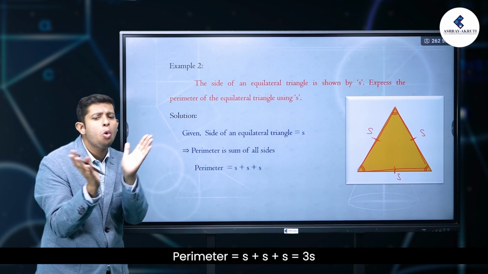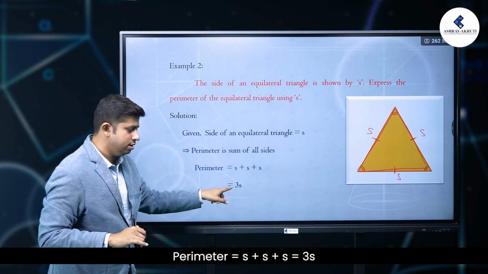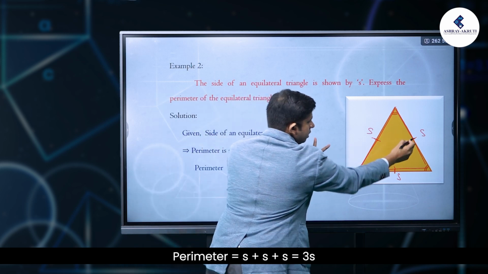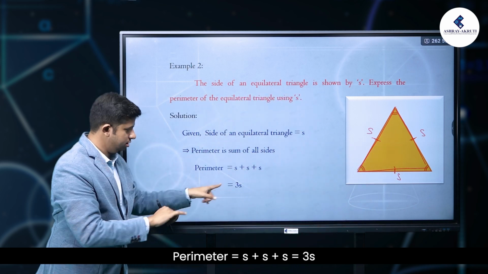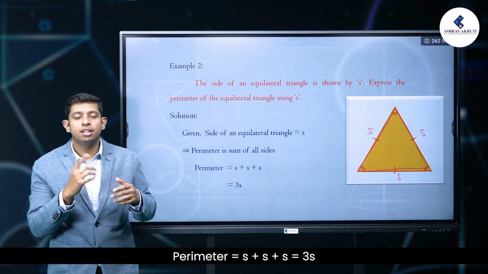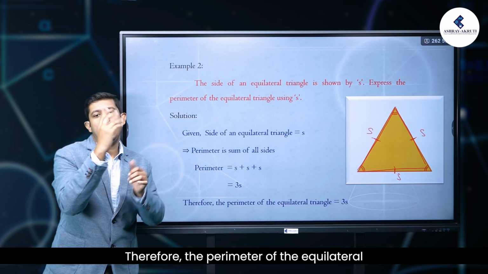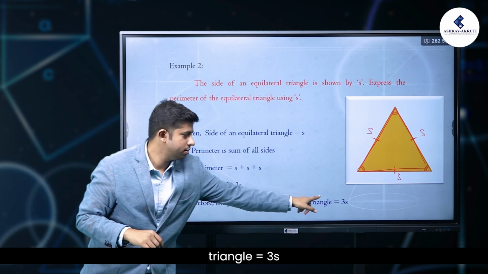Perimeter is equal to S plus S plus S, which is equal to 3S. Therefore, the perimeter of the equilateral triangle is equal to 3S.